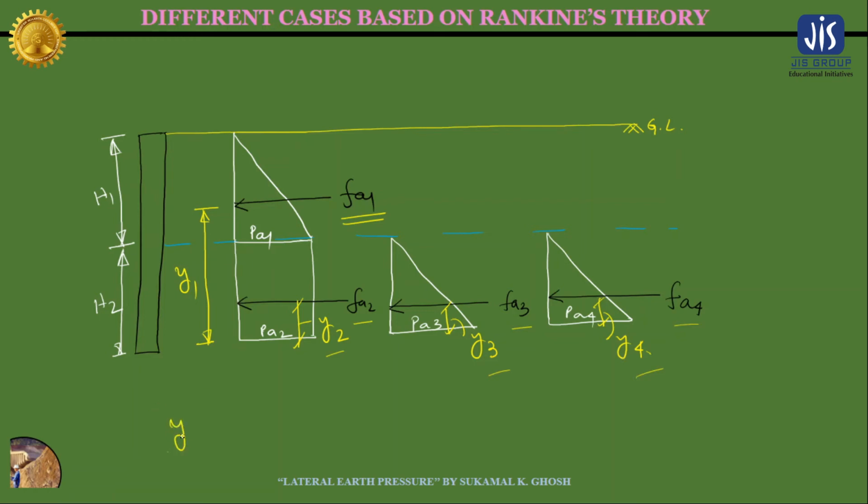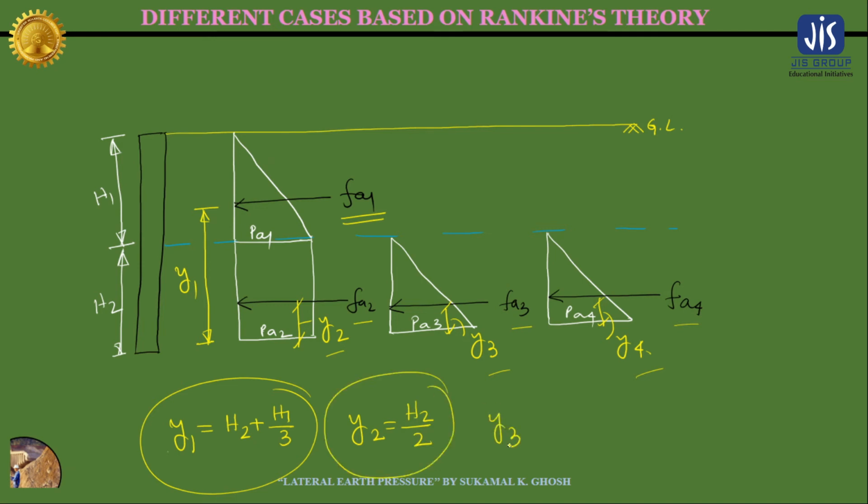And this y1 is equal to h2 plus h1 by 3, okay. Now y2 is equals to h2 by 2, the y3 is h2 by 3, and also the y4 is h2 by 3, okay.